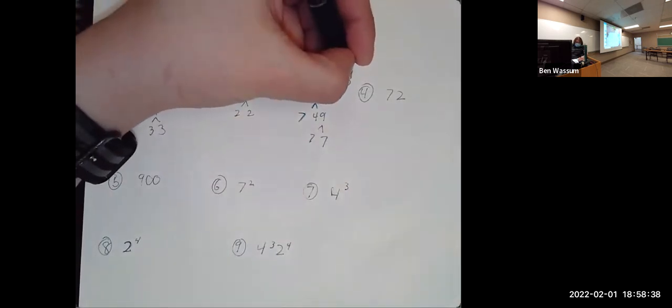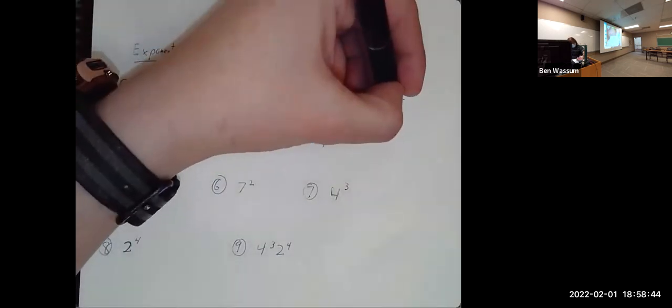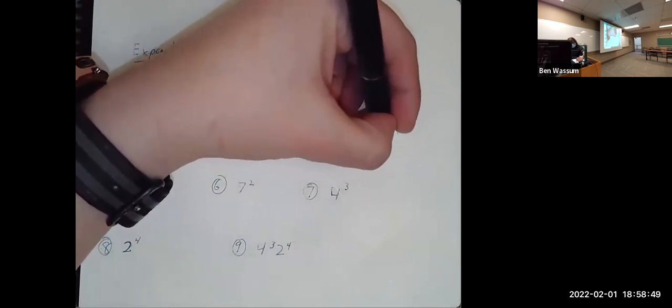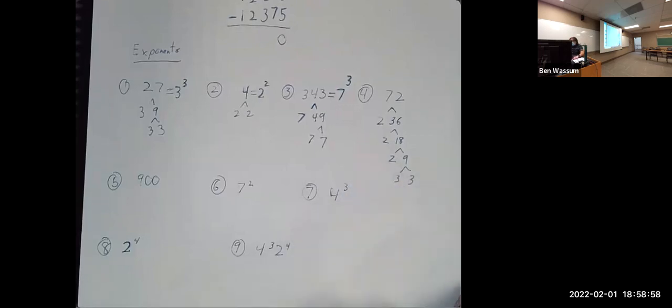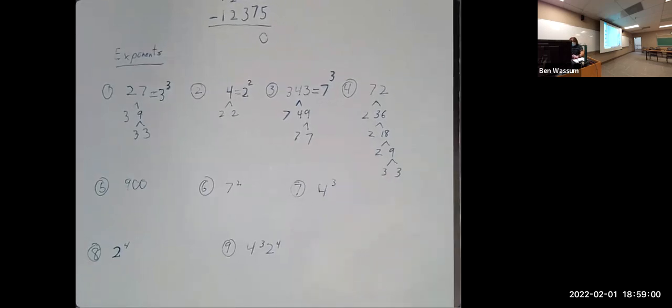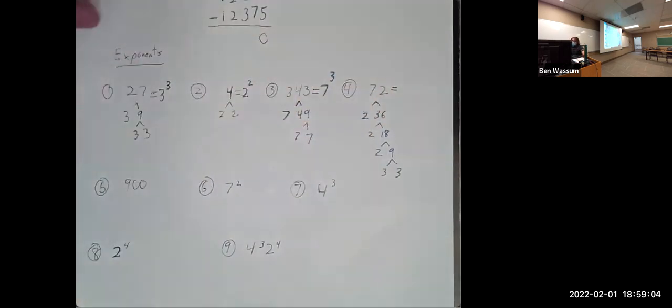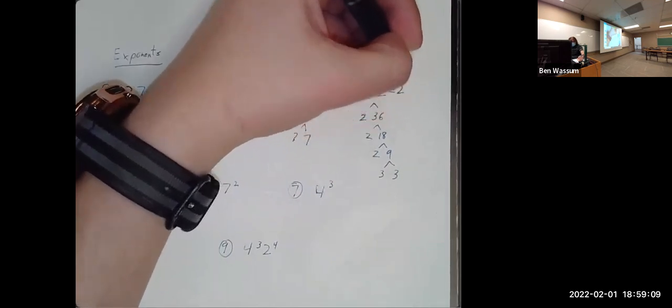Now 72, that one's going to be a little bit more interesting. Because when we factor it, that's 2 times 36, which is 2 times 18, which is 2 times 9, which is 3 times 3. We have 2 different factors here, right? So what you end up doing is you say which factor you have, a 2. Let's start with that one.